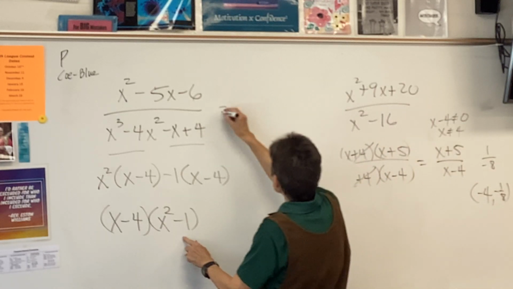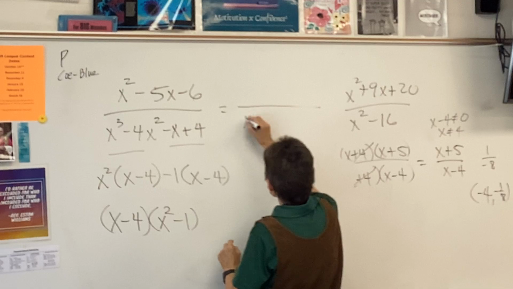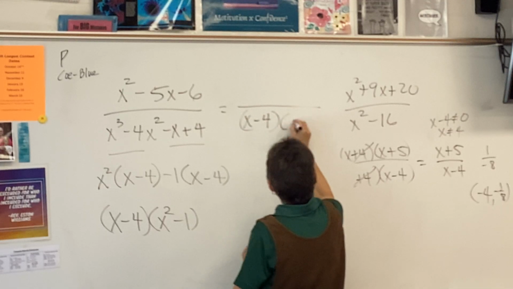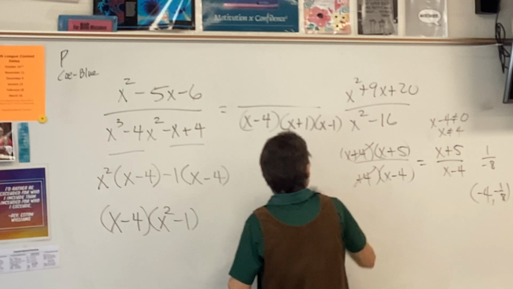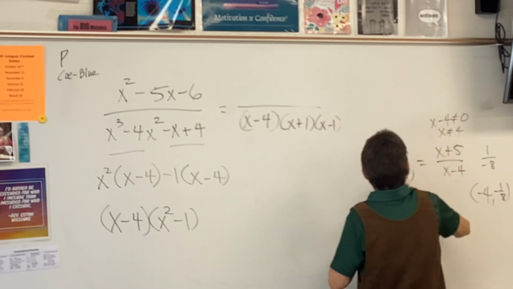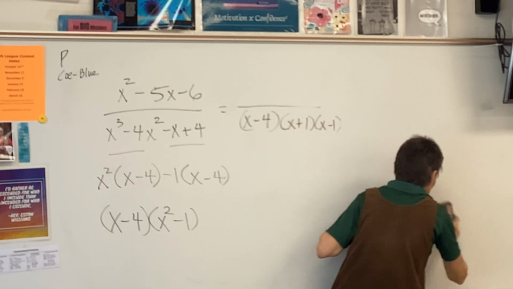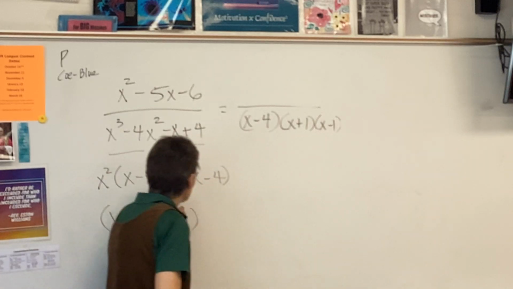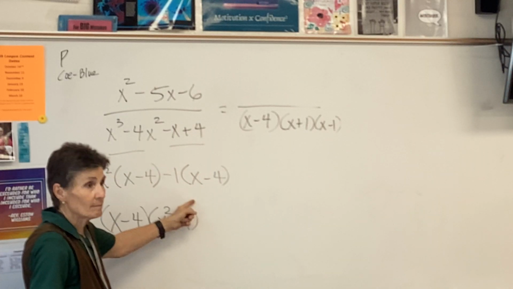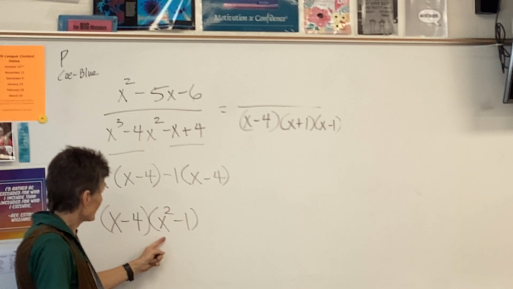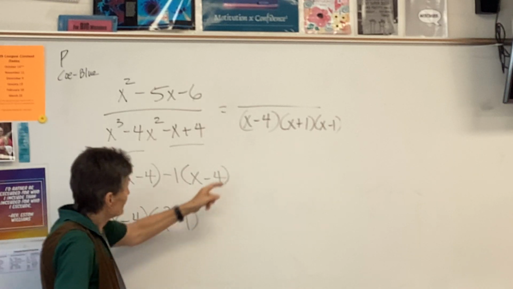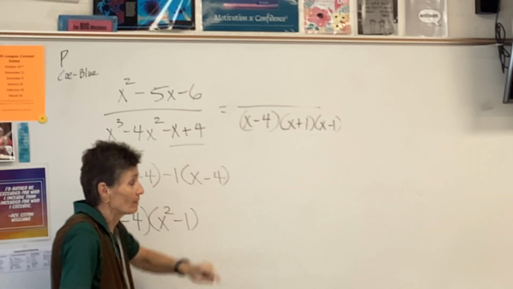So my denominator is x minus 4, x plus 1, x minus 1. Everything I've done so far has been in the denominator. Were you able to follow that? I did my grouping, had my common factor, and then factored that. So there's my denominator all factored out.